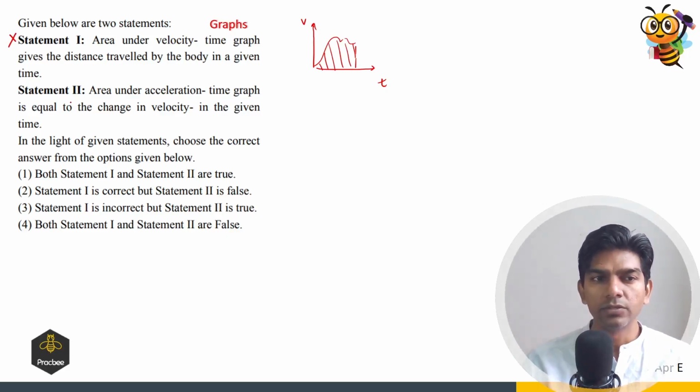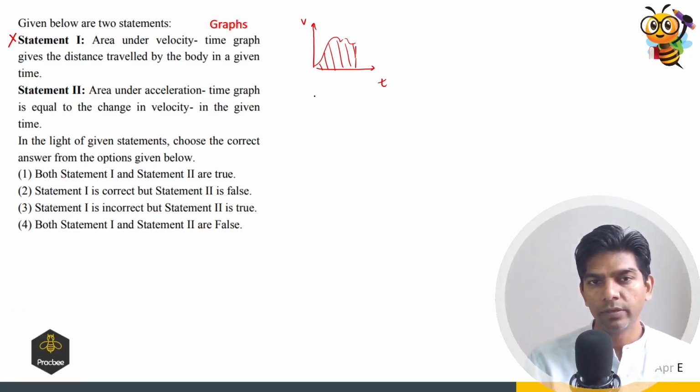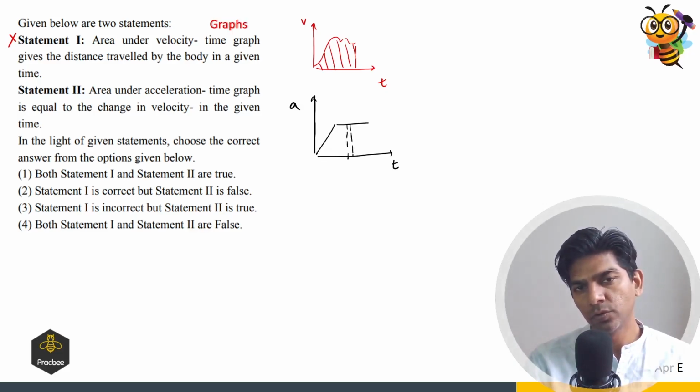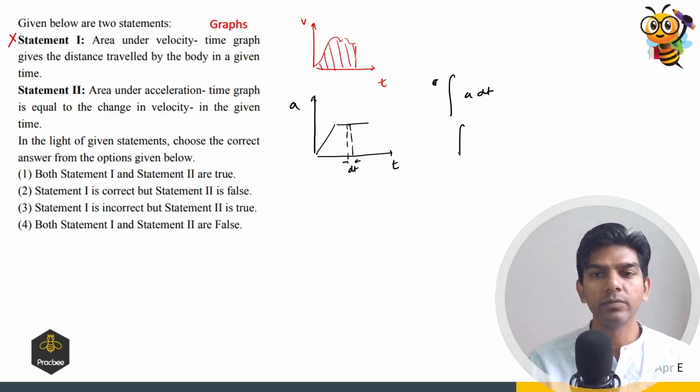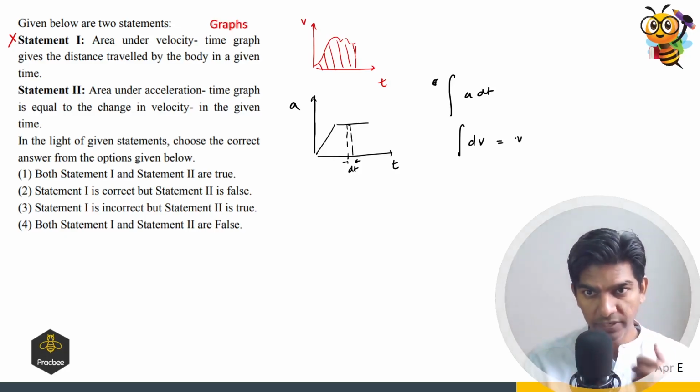Now statement 2, area under acceleration time graph is equal to change in velocity in a given time. So if I draw the acceleration time graph, let us say this is the acceleration time graph, and if I find the area, so if I take a small strip, this is dt, and so we can say the area will be integral of a dt, and integral of a dt is nothing but integral of dv, which is change in velocity.